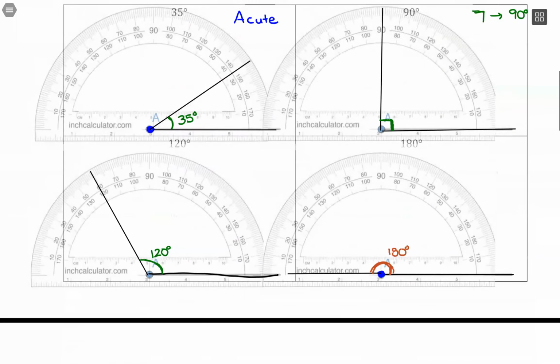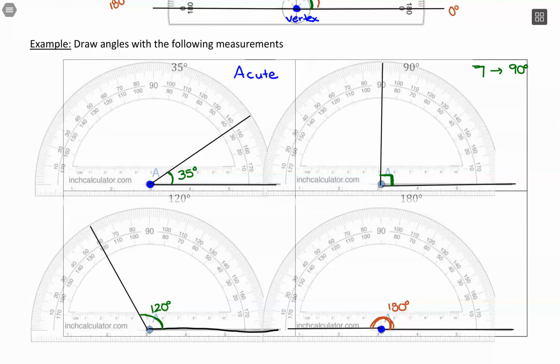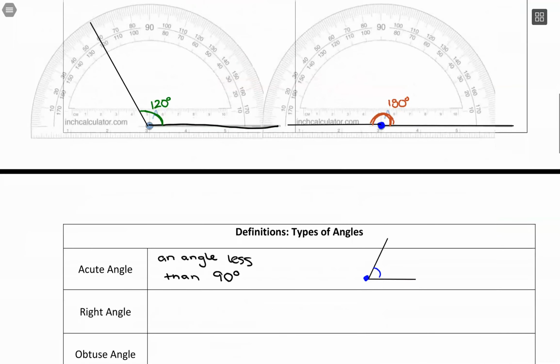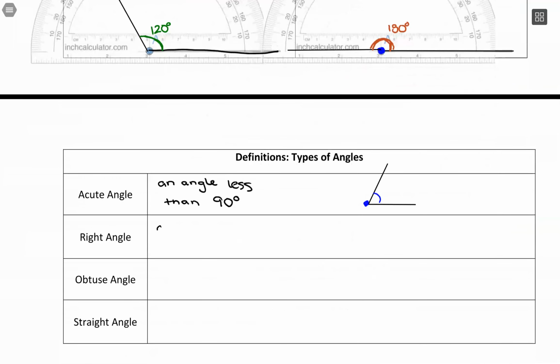All right, our next one's a right angle, and that's what we use for 90-degree angles. We say it's a right angle, and when we get to triangles, we'll talk about right triangles. It's having that angle measurement of exactly 90 degrees.